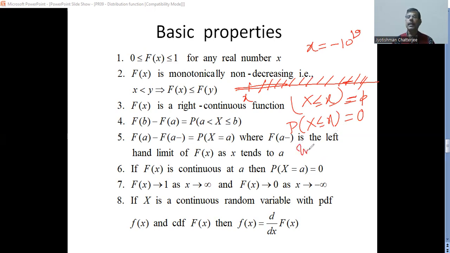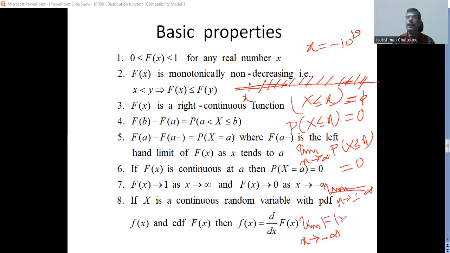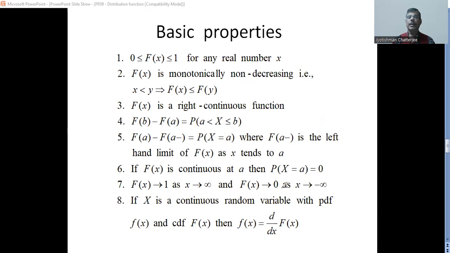That's why the limit of x tending to minus infinity of F_X(x) is equal to 0. So you get these two properties.